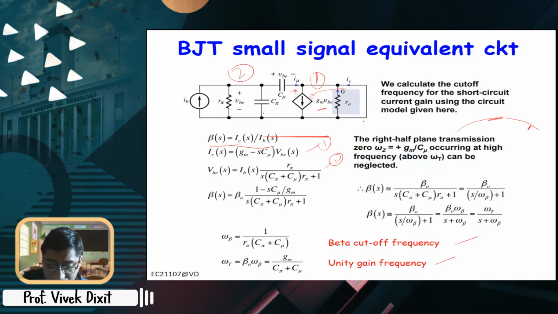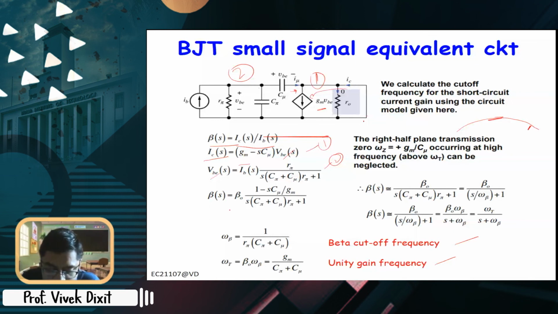If you use these two equations and take the ratio of IC by IB, your VB will cancel. You get gm minus sC mu divided by sC mu plus sC pi, then multiplied by R pi plus 1.